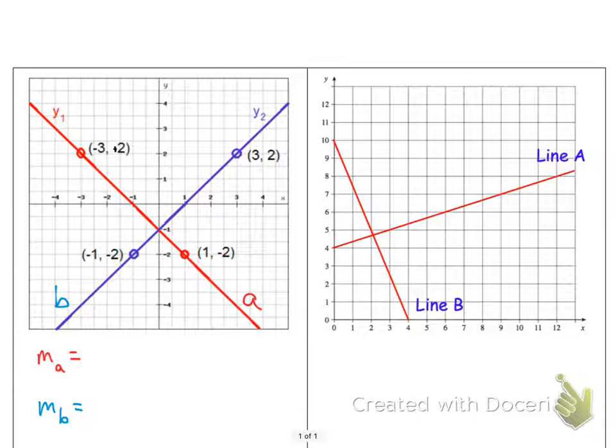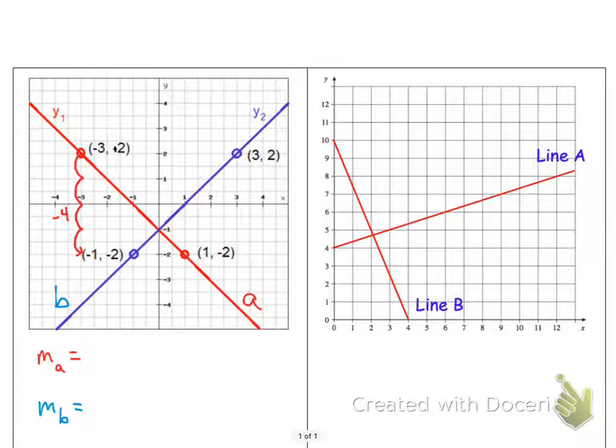So the rise is just going down, and in this graph, every 2 grid lines counts as 1, so don't get confused by that. I'll just count this down as we move over. I'm going to go down 1, 2, 3, 4. And there's my rise. That's a rise of how much? Negative 4. Perfect.